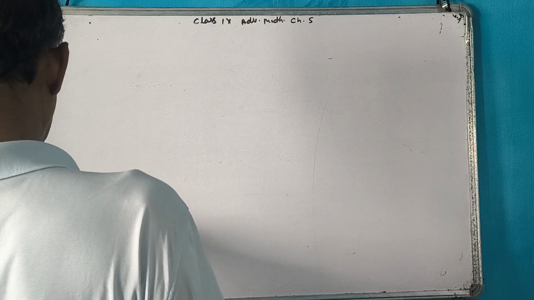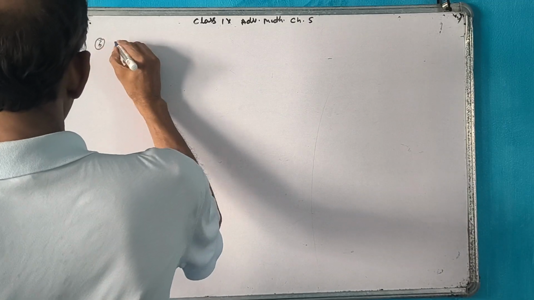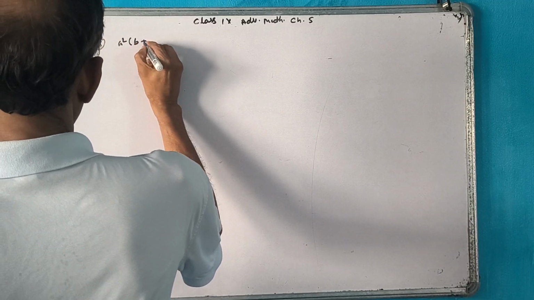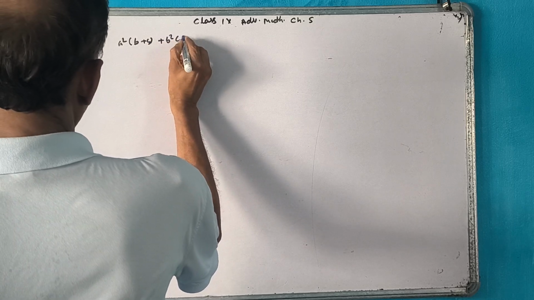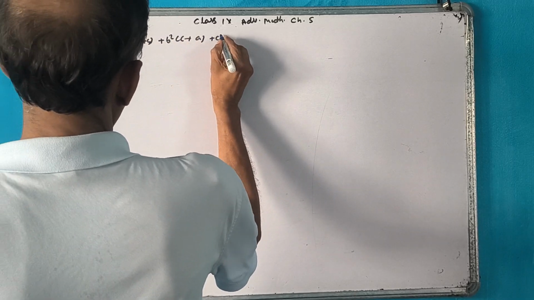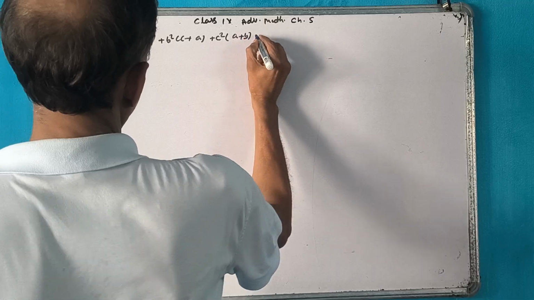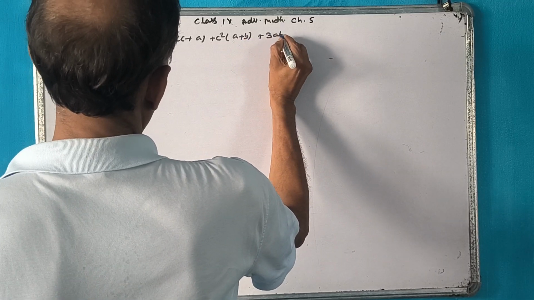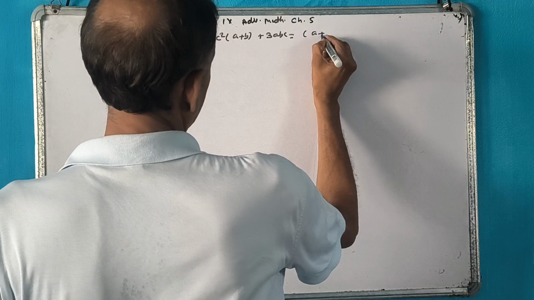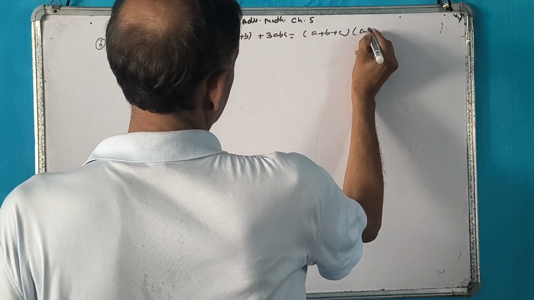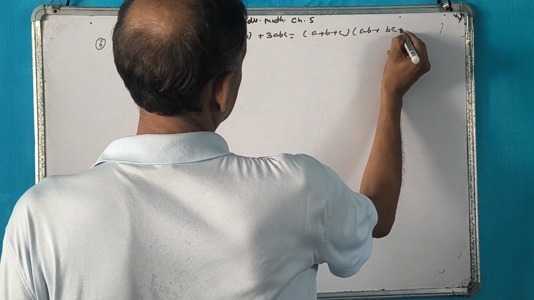Next, number 6: A square into B plus C plus B square into C plus A plus C square into A plus B. This time instead of 2ABC we will have 3ABC. Then the formula will be A plus B plus C into AB plus BC plus CA.